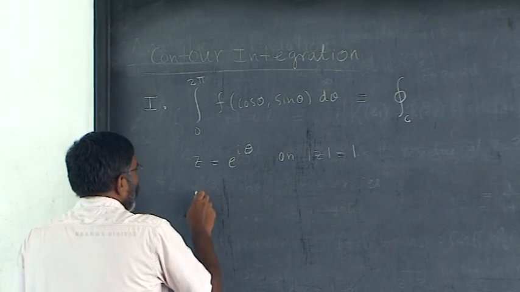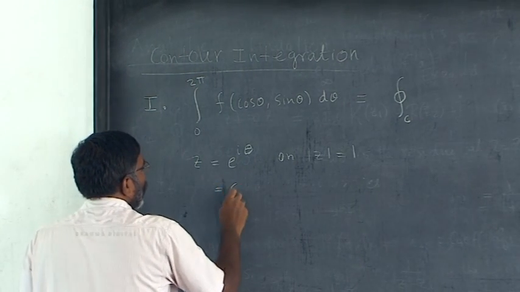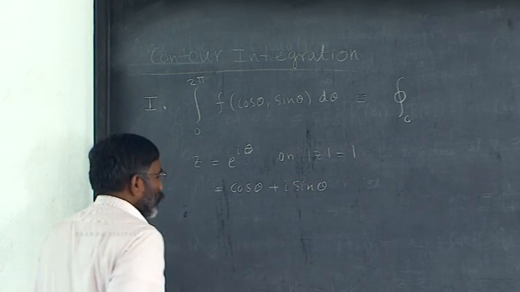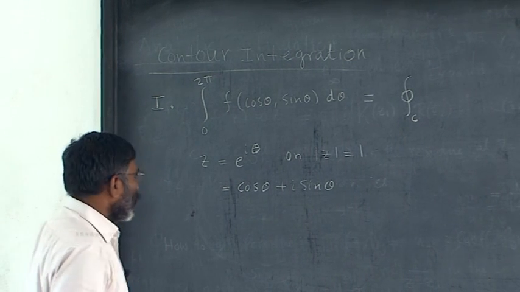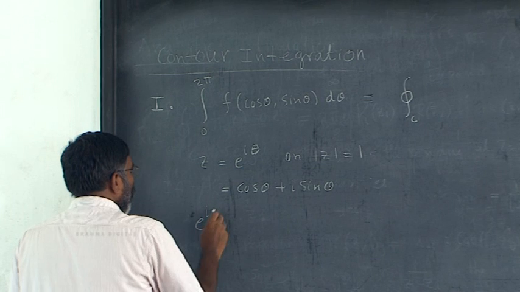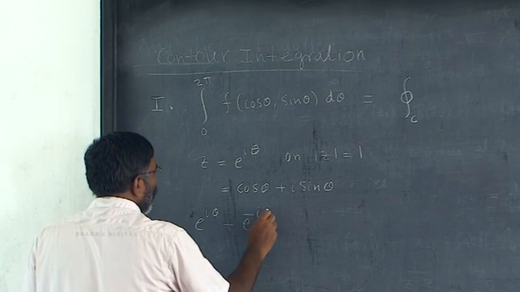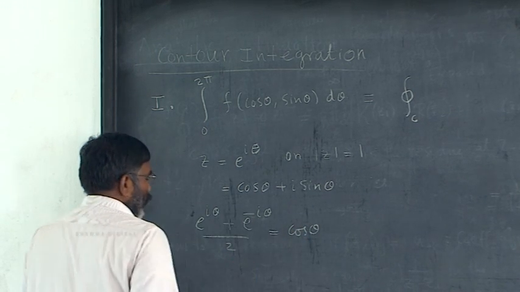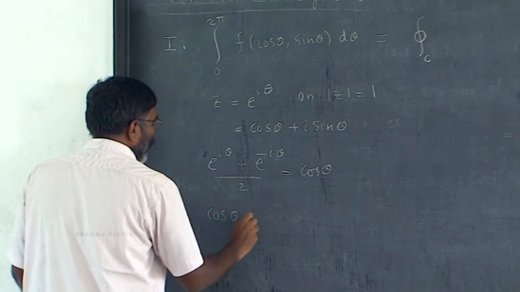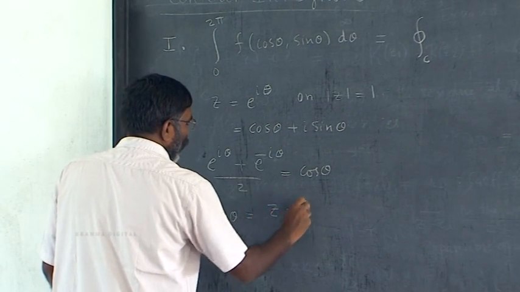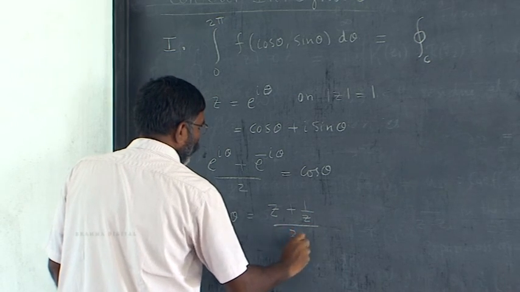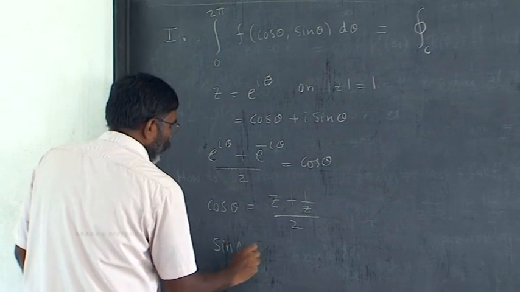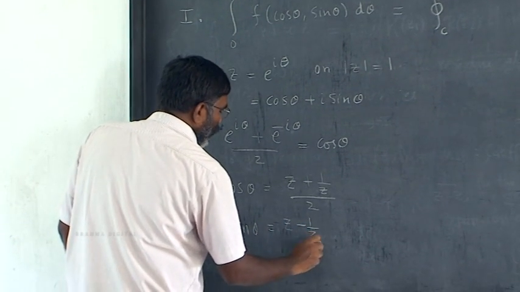So this is nothing but cos theta plus i sin theta. Now we know e power i theta plus e power minus i theta by 2 is cos theta. So cos theta is equal to (z plus 1 by z) by 2. Similarly, sin theta is equal to (z minus 1 by z) by 2i.